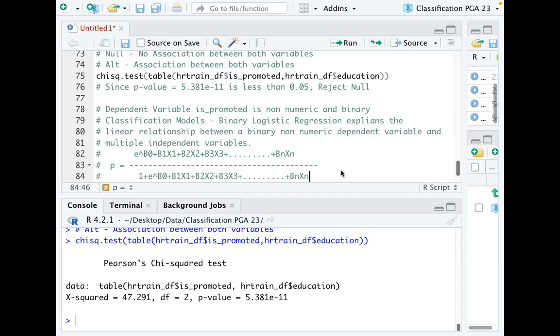This is the logistic regression equation, also called sigmoid, which is 1 divided by 1 plus e to the power of minus z.